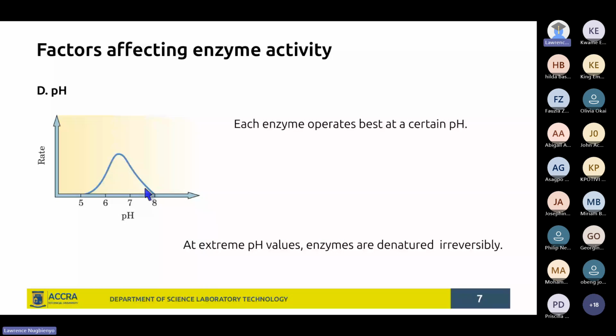So taking the human body again, if you go into the stomach, the gastric juice is acidic because hydrochloric acid is secreted in the stomach. I mean, this is senior secondary school biology. I think even in junior secondary school, you did some biology that talks about digestion.